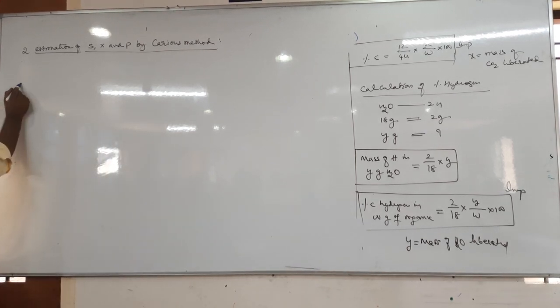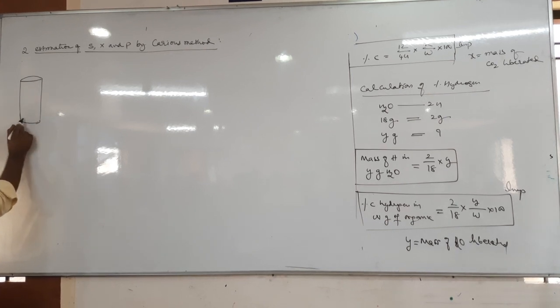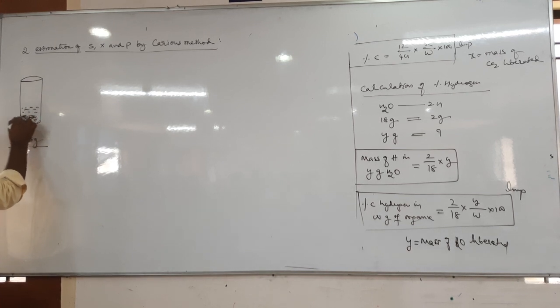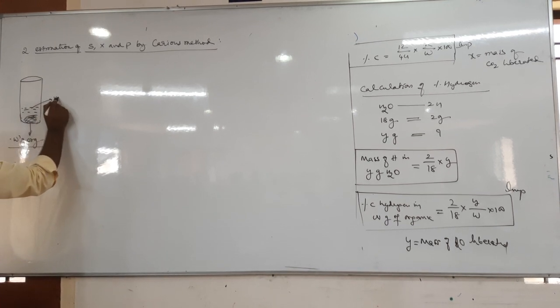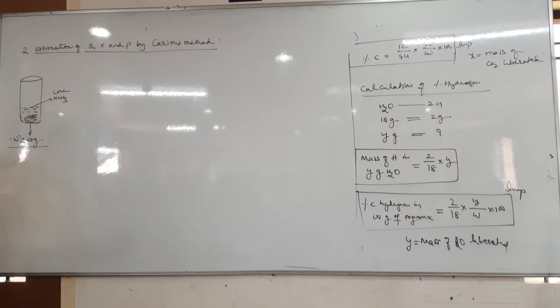Let us take a Carius tube. In the estimation of these three elements, a known mass of organic compound, let us take W gram, is heated or treated with fuming nitric acid, that is concentrated nitric acid, in the Carius tube.